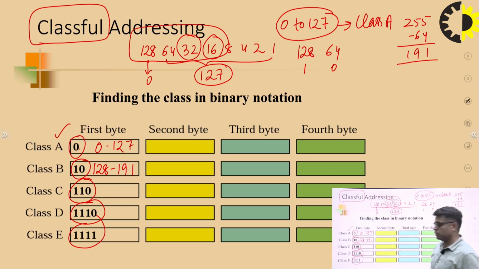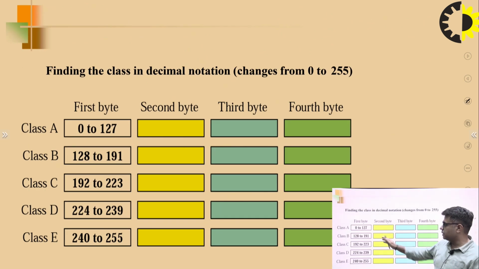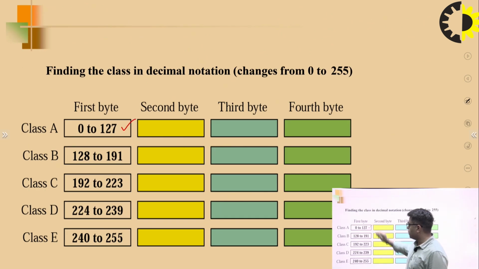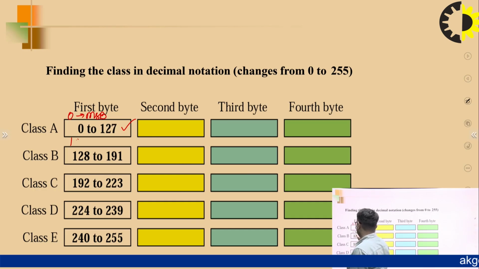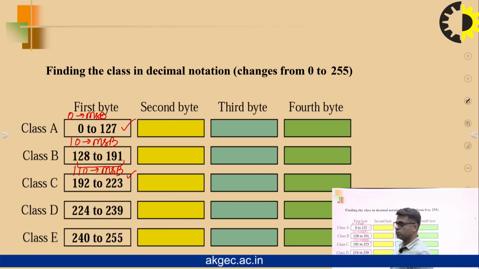So we can summarize it like this. Any IP address between 0 to 127 will be having 0 at the MSB position. Similarly, 10 at the MSB position results in this range. Similarly, 110 in the 3 MSB positions results in this range.